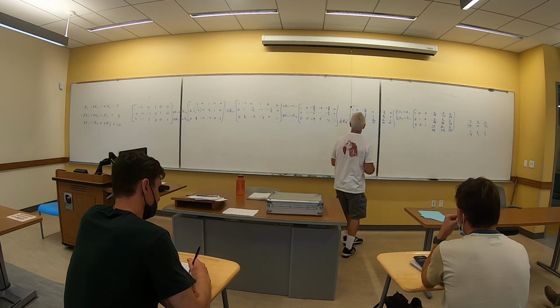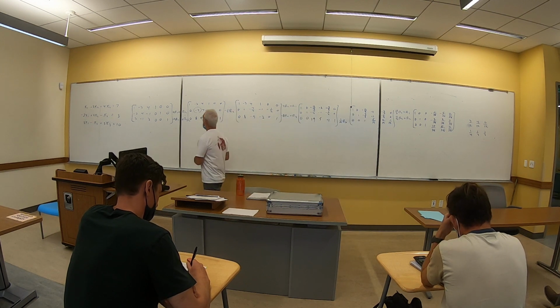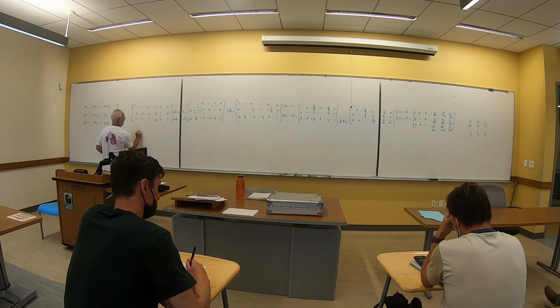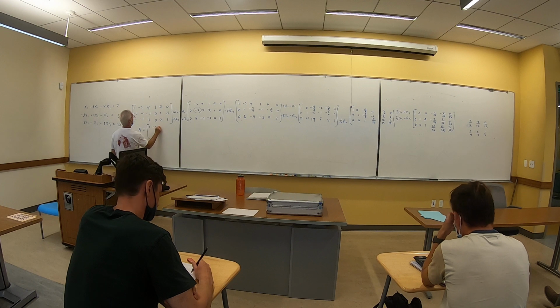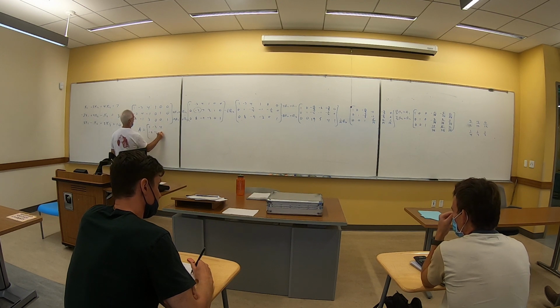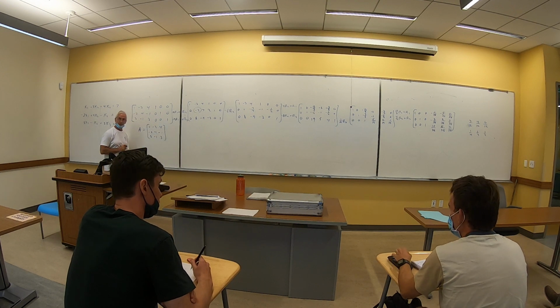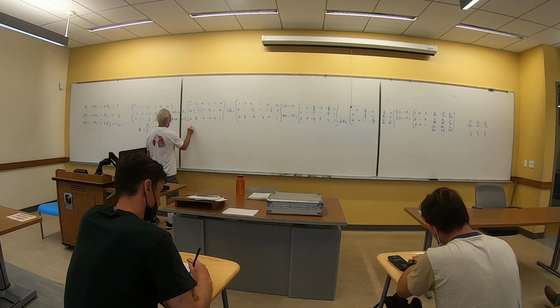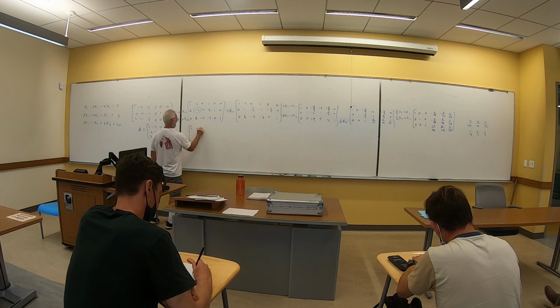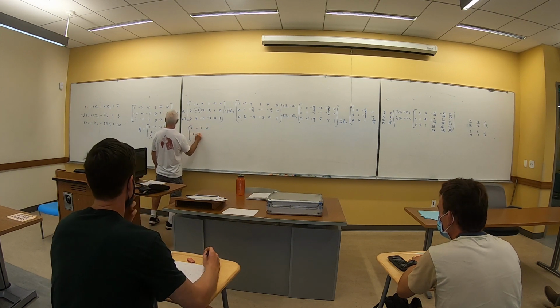Now, I'm pretty sure I did this right. Okay? What is my coefficient matrix? I'm going to write it down. My coefficient matrix is this. Okay? My matrix equation is this. I want to show you this is what we're actually doing in this problem.